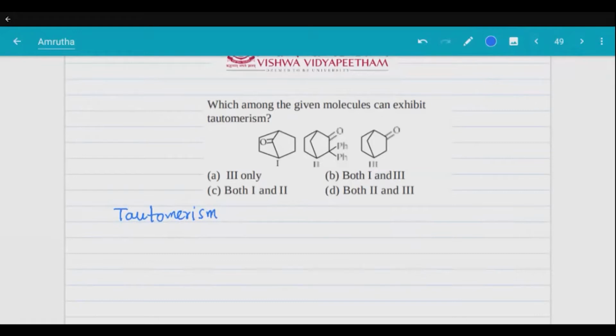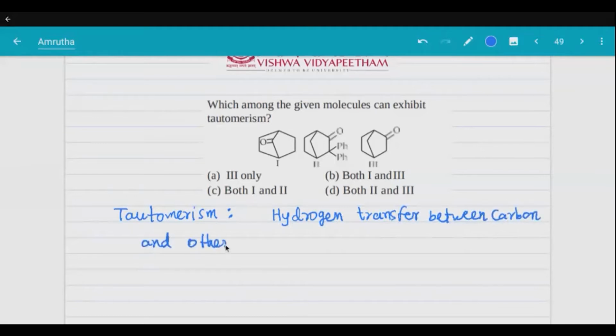So one of the types of structural isomerism is tautomerism. This is basically hydrogen transfer between carbon and another electronegative atom.